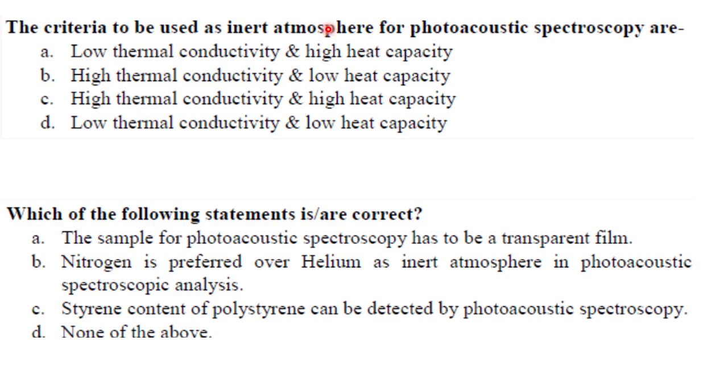First option, low thermal conductivity and high heat capacity. Second, high thermal conductivity and low heat capacity. Third, high thermal conductivity and high heat capacity. Next, low thermal conductivity and low heat capacity. Among the four, what is the best criteria?